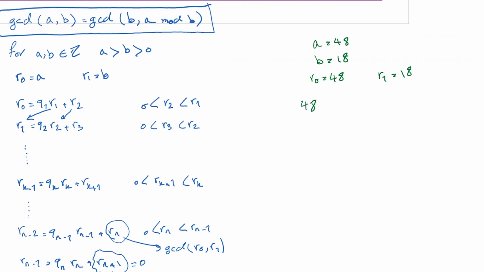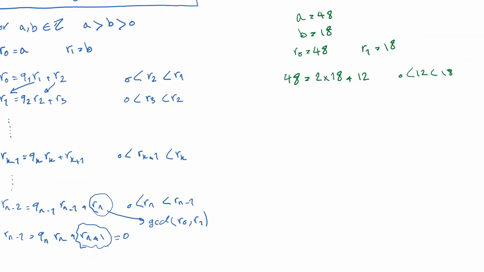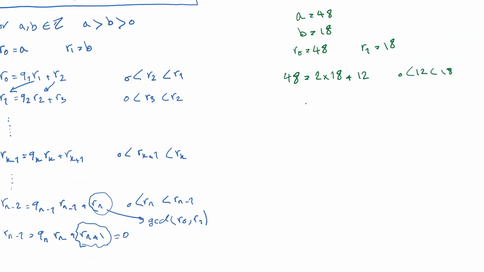I can say 48 equals 2 times R1, which is 18, plus 12, where we see that 12 is between 0 and 18. This is not 0 yet, so we continue. I bring 18 here, and then 18 equals 1 times 12 plus 6, and 6 is between 0 and 12.